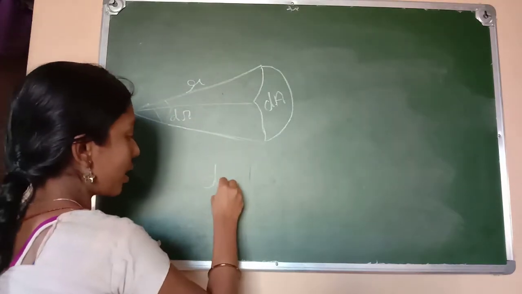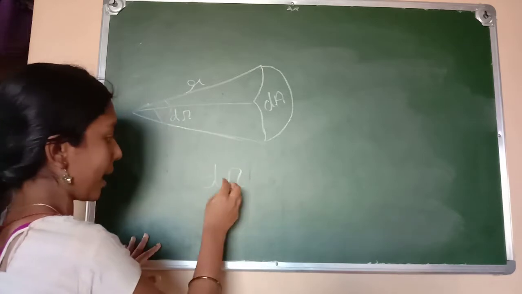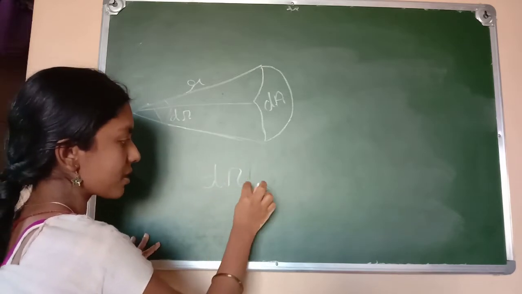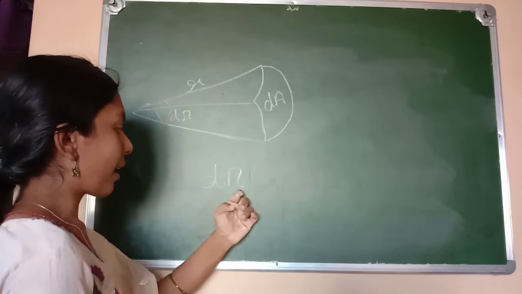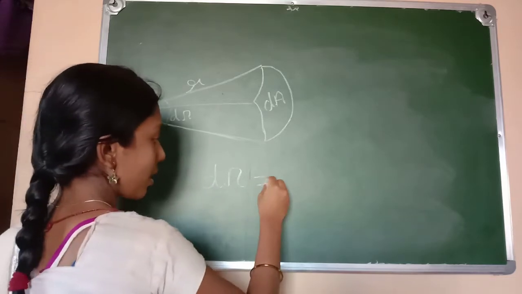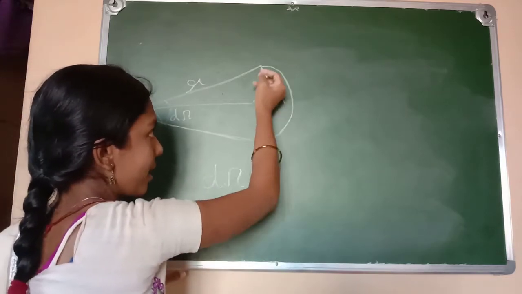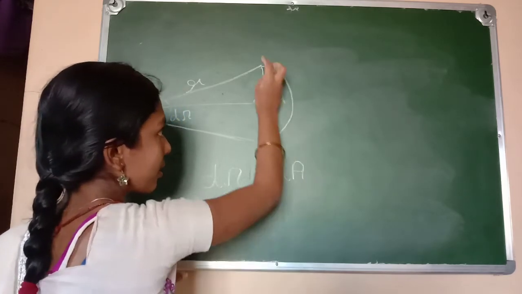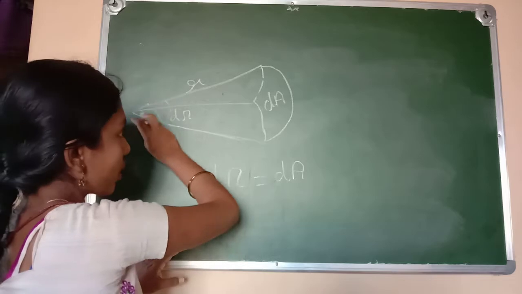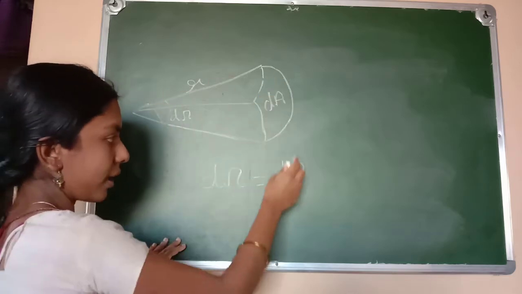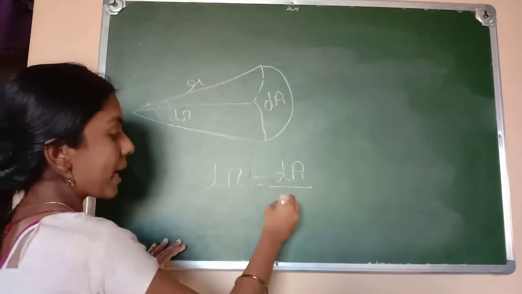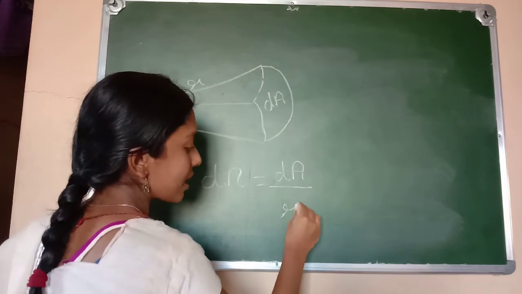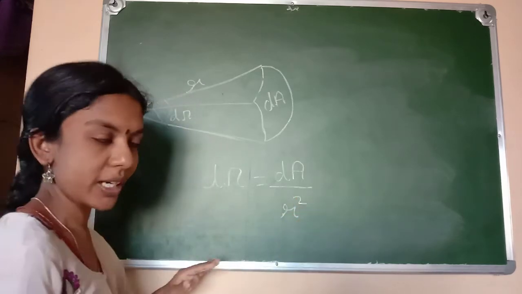So this solid angle d omega. This symbol, please remember, is called omega. The angle d omega is measured by dividing the surface area the angle subtends. So what is the surface area about this angle, dA, divided by radius, but this time the radius is squared.